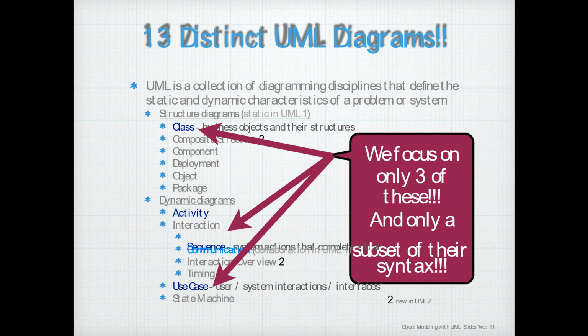In UML, we have 13 diagrams, and 3 of them are the main focus in this class: the class diagram, interaction diagram, and use case diagram.